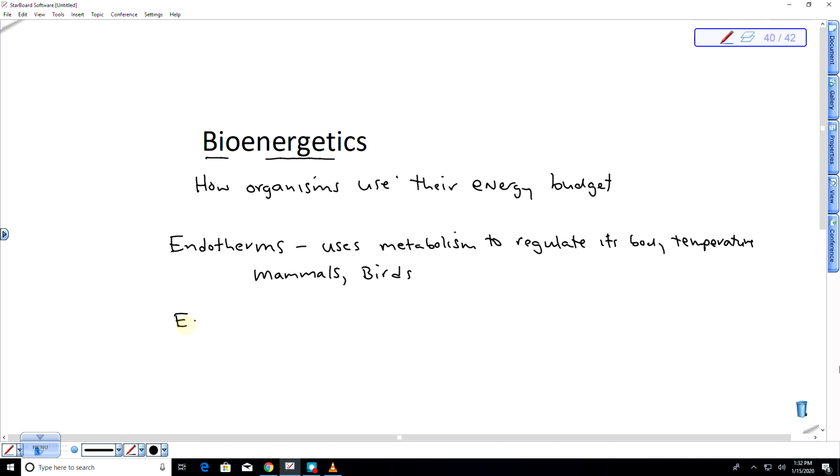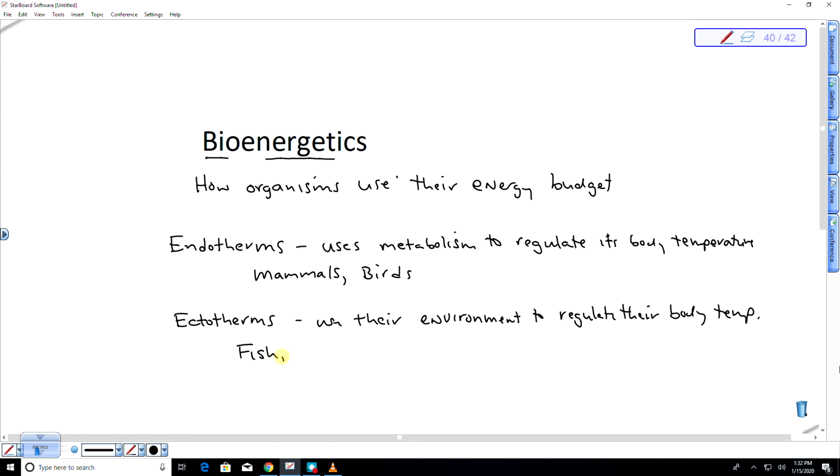We therefore have ectotherms, and these use their environment to regulate their body temperature. So this is considered to be like fish, if we're talking just about vertebrates, amphibians, most reptiles.